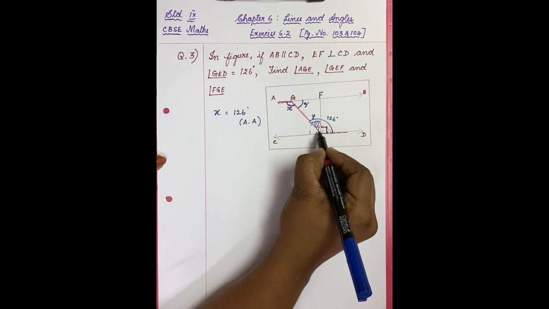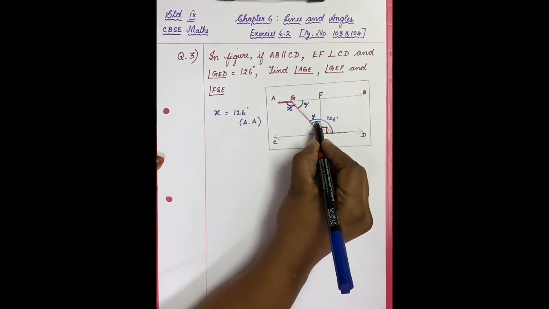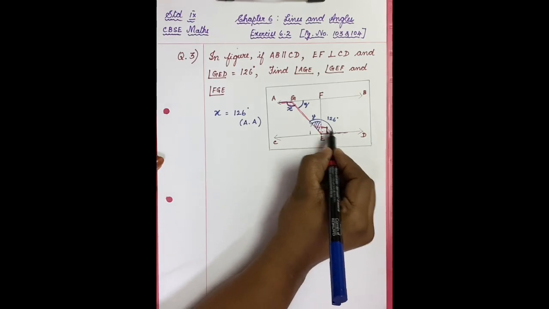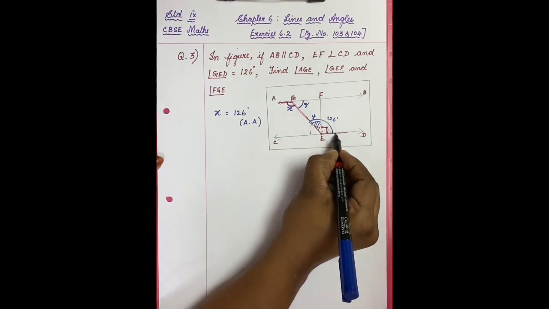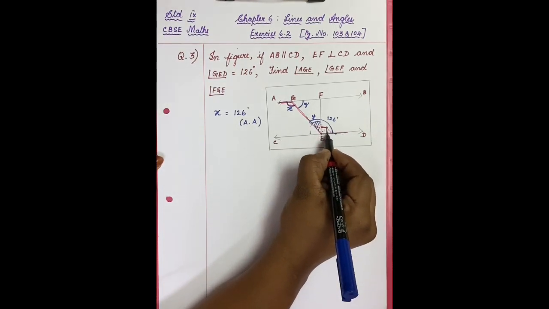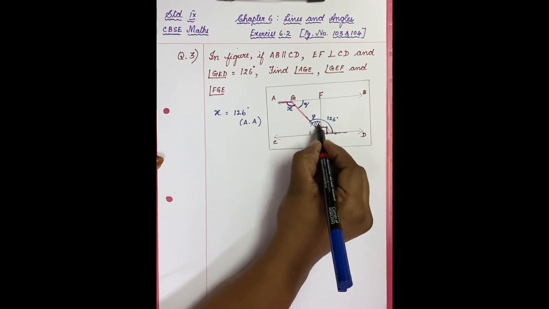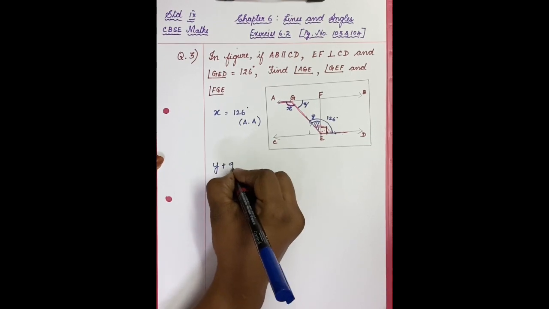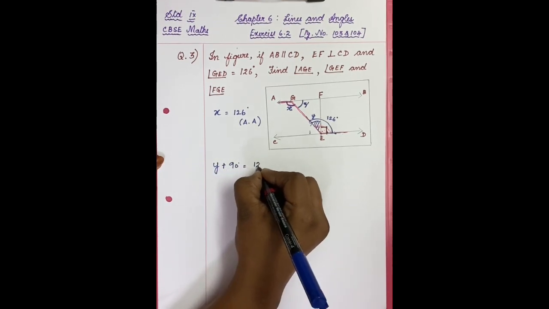Now Y value, how are we going to find? Now Y value is, what concept, adjacent angle concept. So you could see this is an obtuse angle which is equal to 126 degree. This is 90 degree because it is perpendicular. They are asking you to find Y. So Y plus 90 degree is equal to 126 degree.